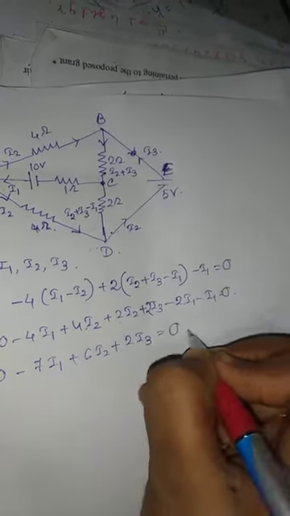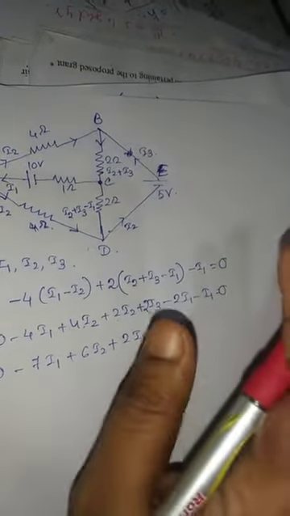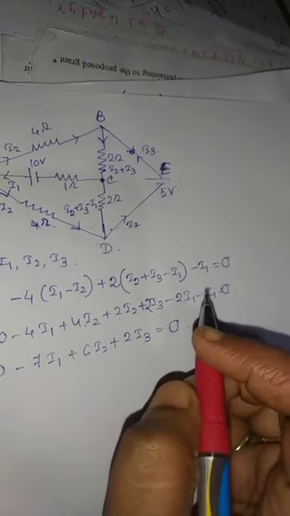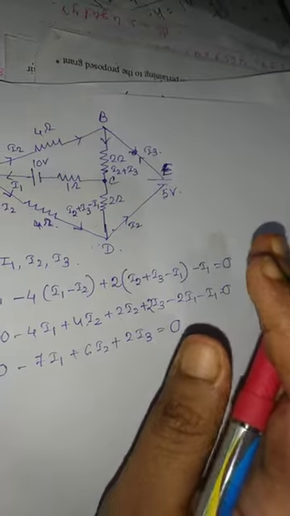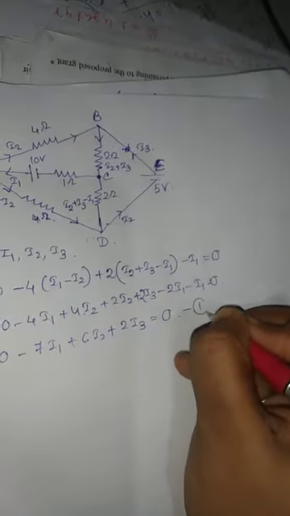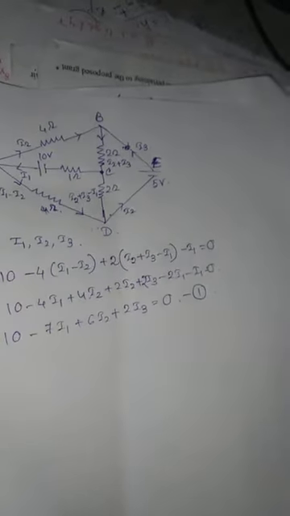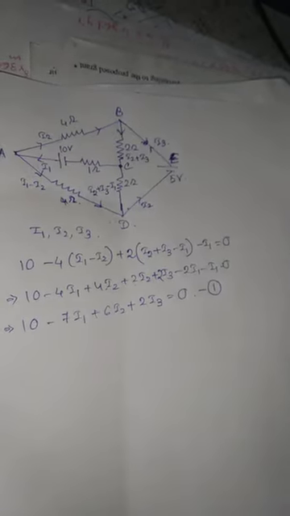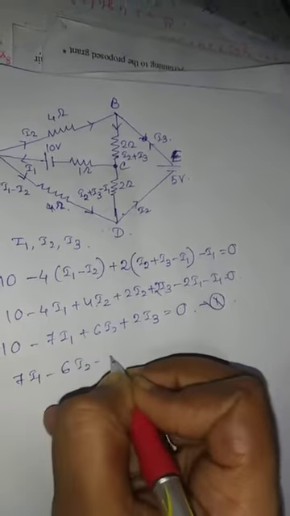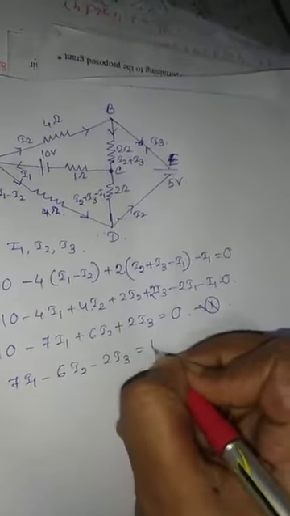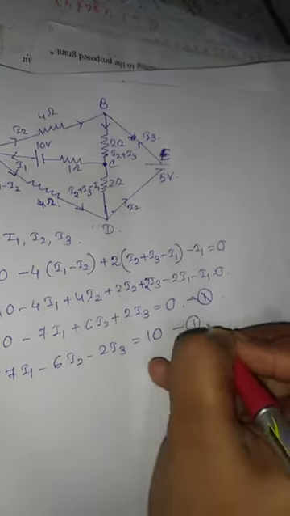That will be 0. So it will be my first equation. Or you can write it like this: 7I1 minus 6I2 minus 2I3, that will be 10. This will be my first equation.